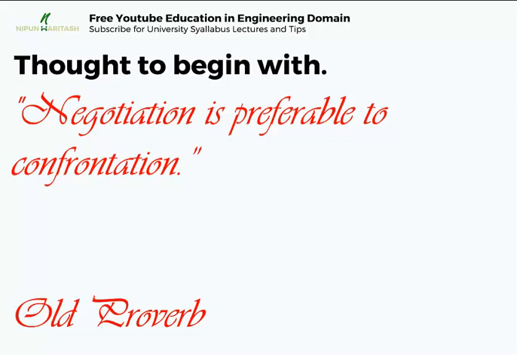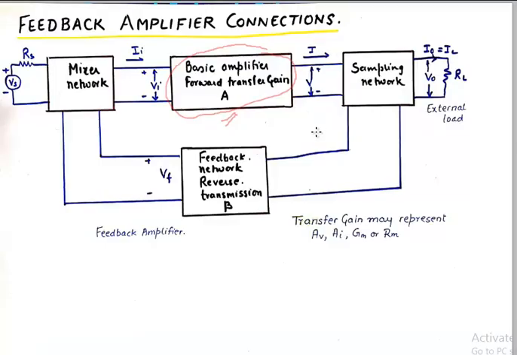Alright, let's talk about the basic block diagram of a feedback amplifier. The concept of feedback has already been discussed in a previous video. You could watch that video for a better understanding of what a positive feedback is and what a negative feedback is, and how is positive feedback better than negative feedback, or how is a negative feedback better than a positive feedback.